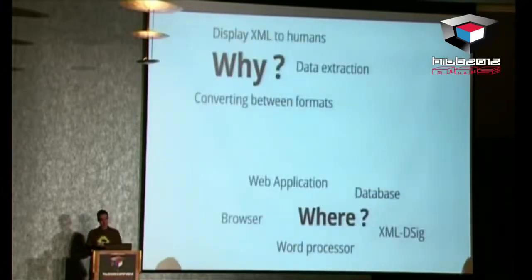Its main use is extracting data, either to display it to humans or to feed it to another application. For example, in OpenOffice and probably Microsoft Office, when you convert one Office document to another format, XSLT is used behind the scenes to do the conversion.